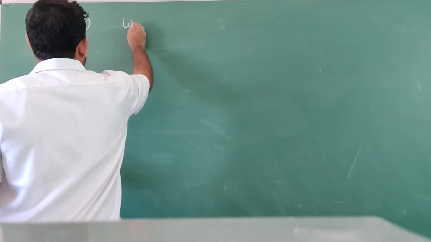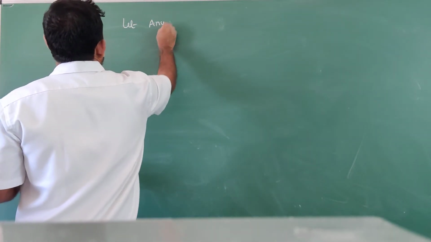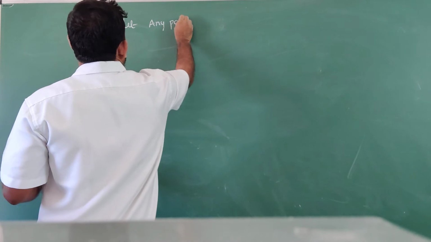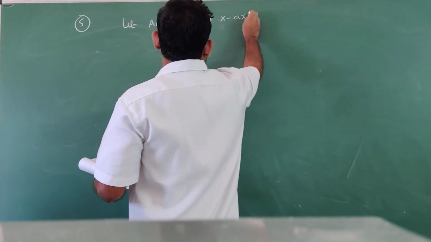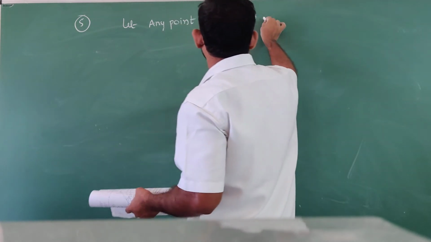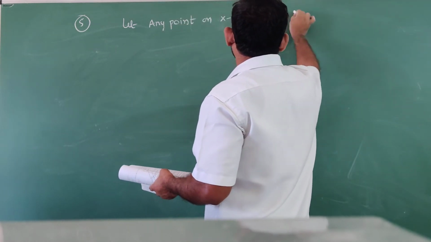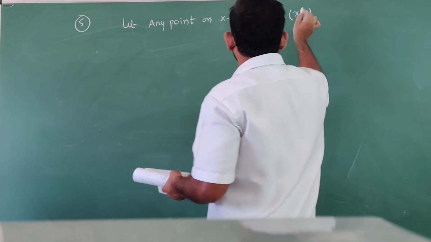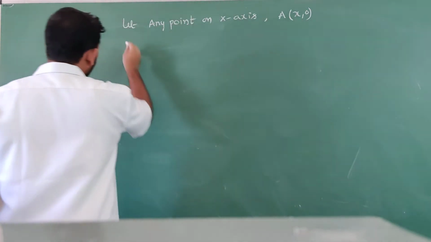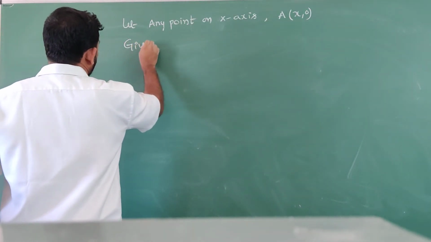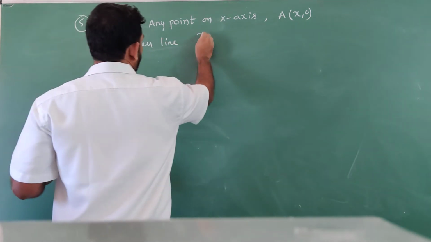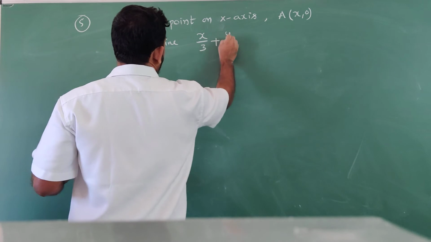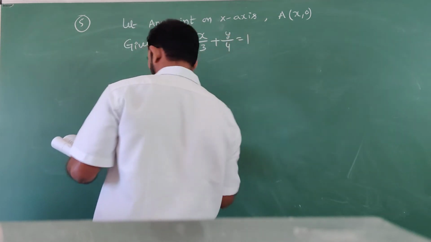Let any point on the x-axis be (x, 0). The given line is x/3 + y/4 = 1.